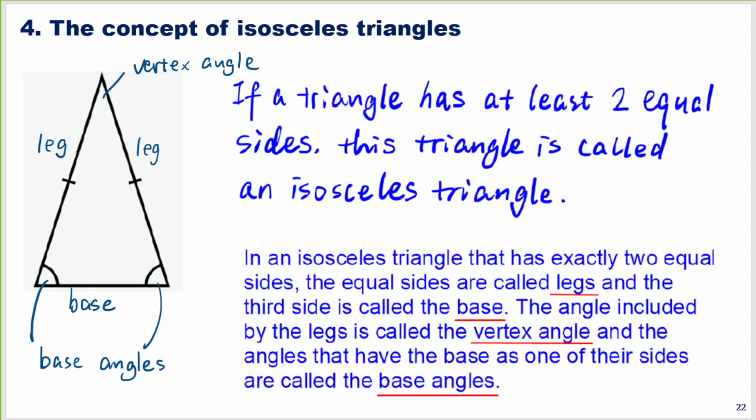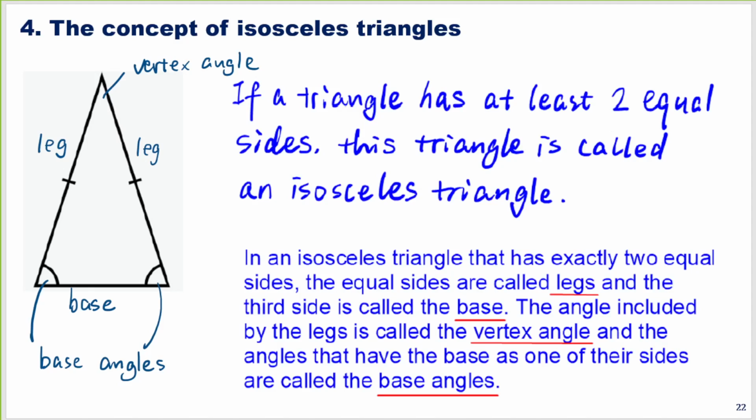But they're similar triangles. What do you mean by similar triangles? Not all isosceles triangles are similar. We'll talk about similar triangles later, okay? In the next lesson.